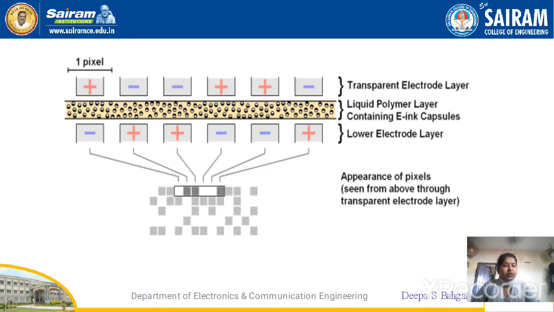There is a transparent electrode layer as the upper layer and a lower electrode layer. Each hemisphere has a different color and charge.